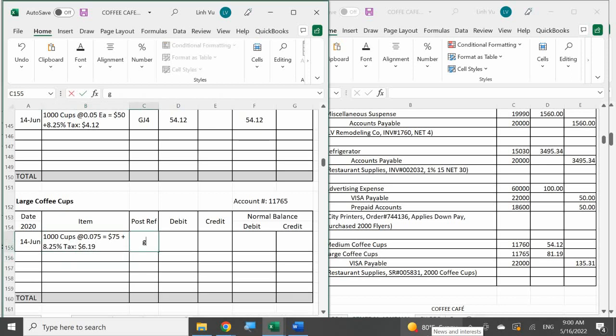Okay, we're still on General Journal page 4. So that gave me $81.19.